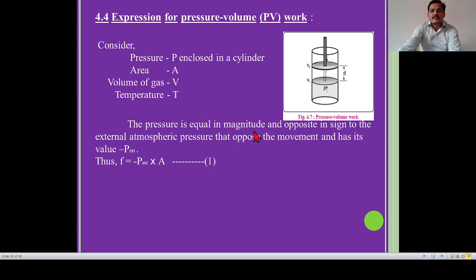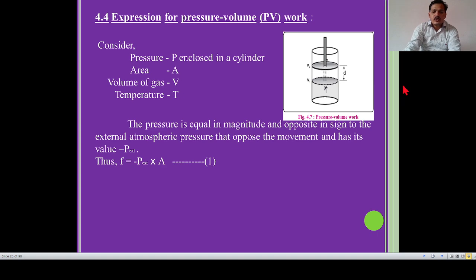So in the figure we have to clearly show that the internal pressure of the gas is P, and the external pressure is created by the atmospheric pressure. Initial volume of gas V1, final volume of gas V2. During expansion, the gas moves from V1 to V2.